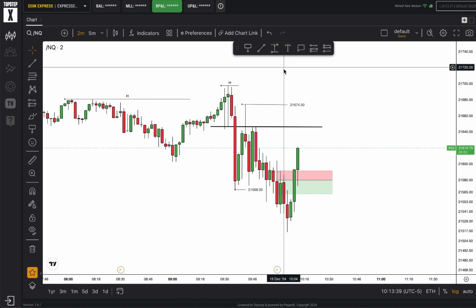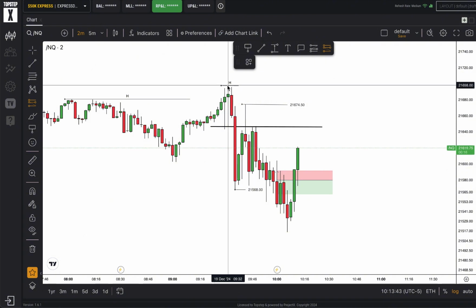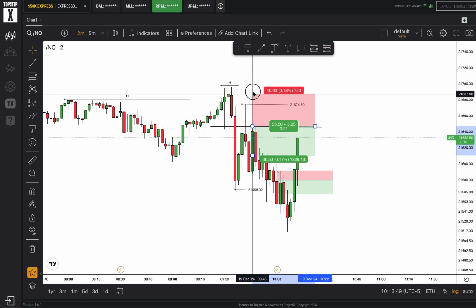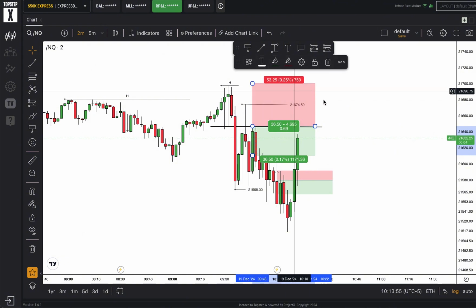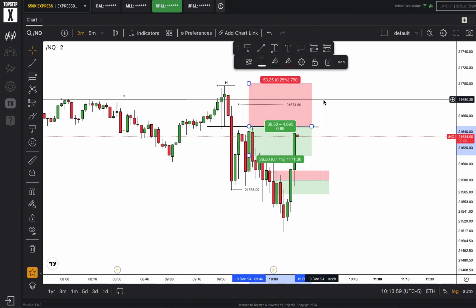Now, let's talk about the risk side of this. This is typically how my trade would look, because I want price to stay below this high at $21,697, okay? So now my risk, and I'm going to put it 3 points above the high just to give it some room, is at 53.50. This means that I would have been risking $1,060 when my risk limit is $2,000.